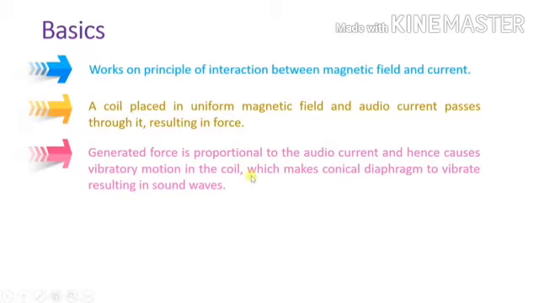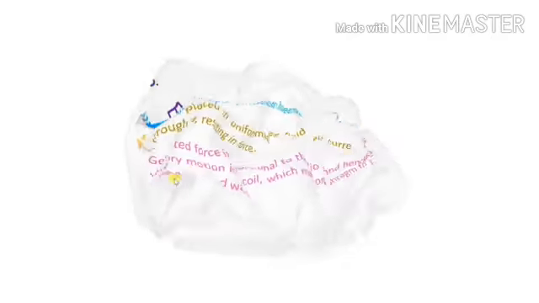Usually the diaphragm is of conical shape, so we will see that in the diagram. So let us see the diagram of the moving coil loudspeaker.